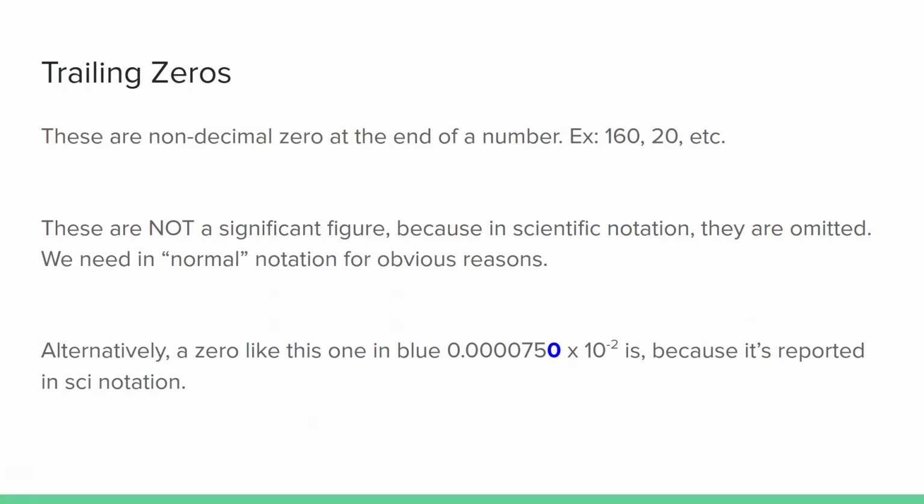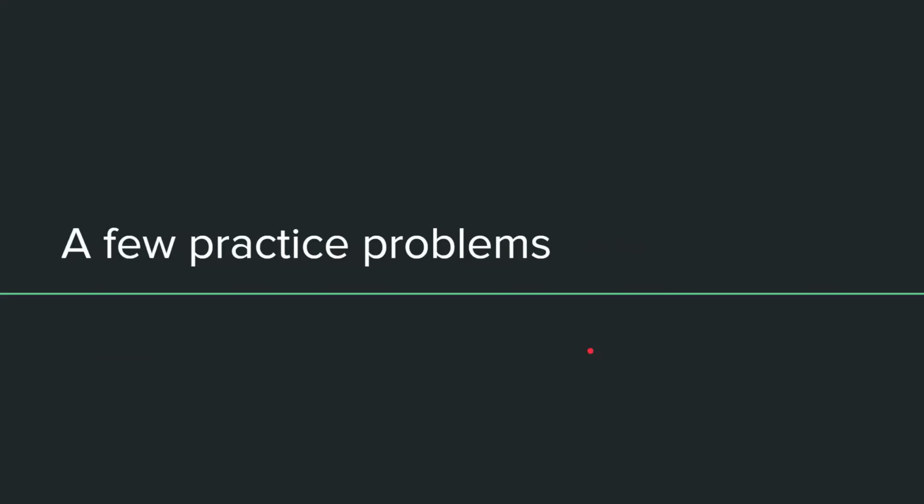You're not going to say 1.60 times 10 to the 2, because we don't add that extra zero unless it means a more precise measurement, but that wouldn't be the case there. Alternatively, this one is considered a significant figure because it's after the decimal point.